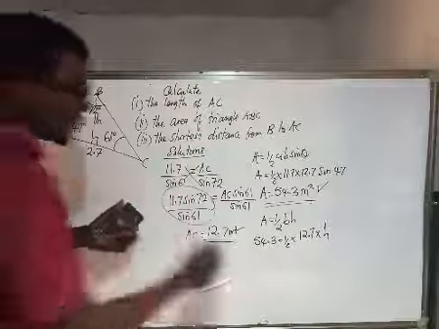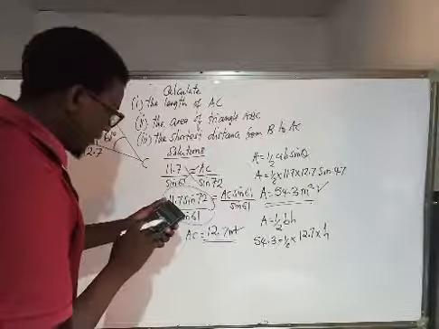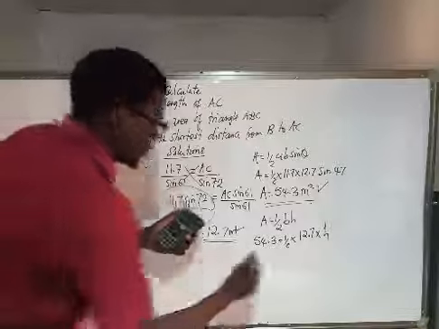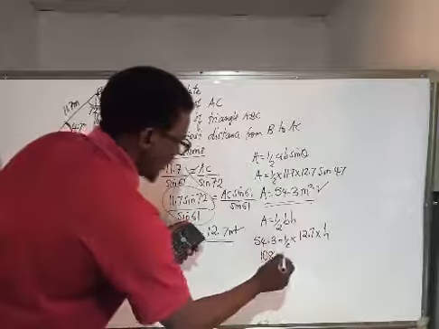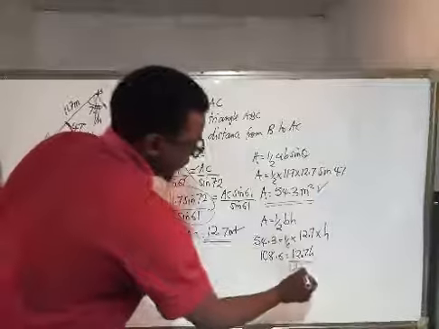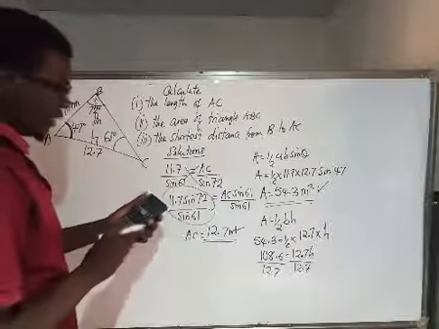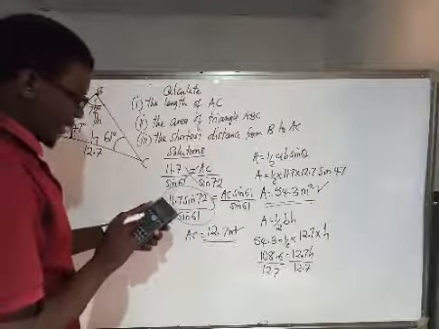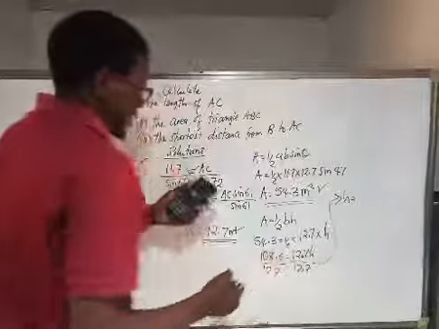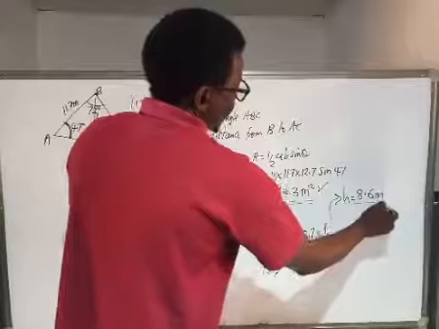So 54.3 multiplied by 2 will give me 108.6 equal to 12.7 height. So what we do here, get rid of 12.7 on the right hand side by dividing. So we divide 108.6 by 12.7 that way. And our answer will therefore be, our height is going to be 8.6 meters. Shortest distance.